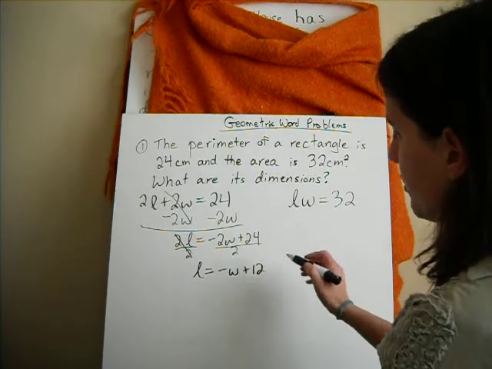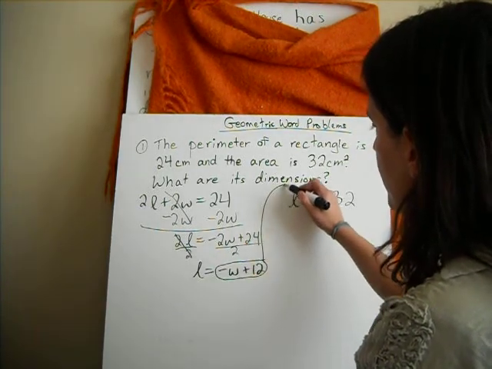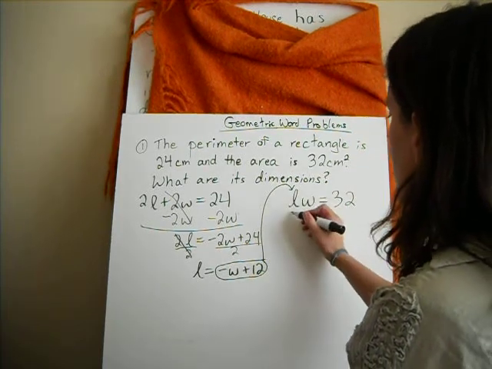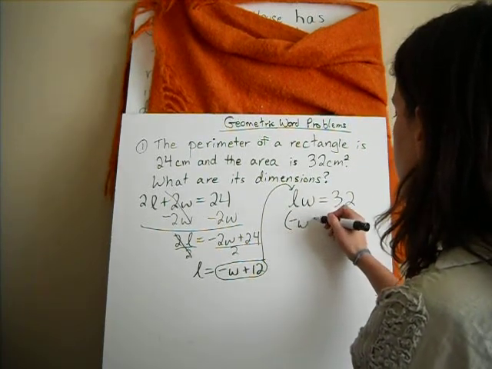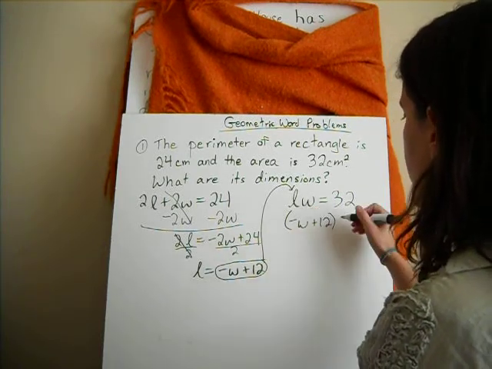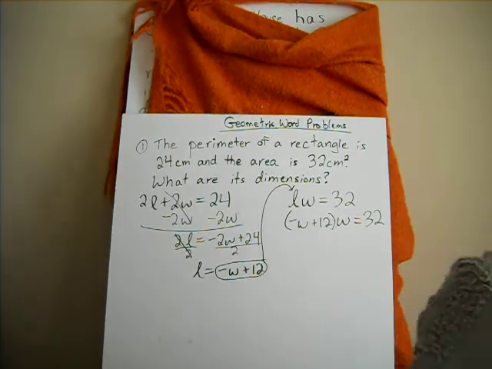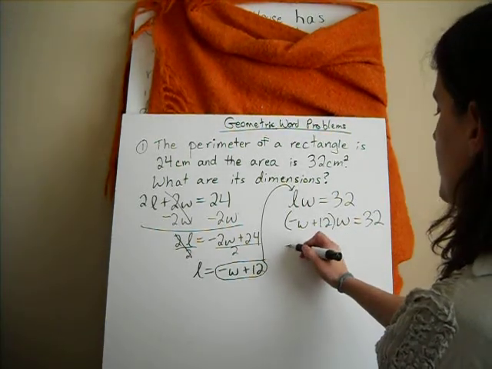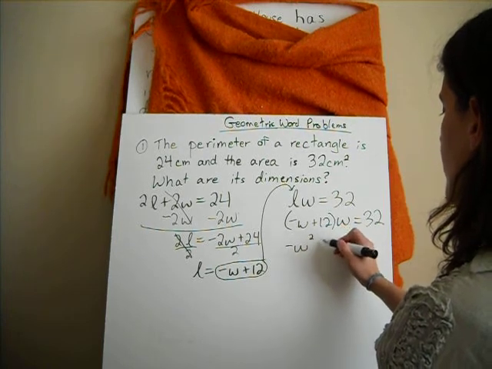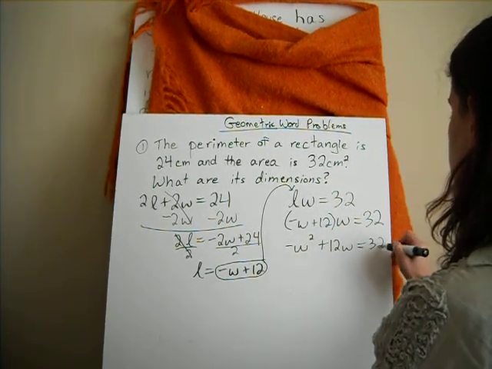Now that I have L completely by itself, I can take this and substitute that into the L in this equation. So what I have there is negative W plus 12. That's just where the L was. I'm going to bring down this W is equal to 32. Then I'm going to distribute this. That gives me negative W squared plus 12W is equal to 32.